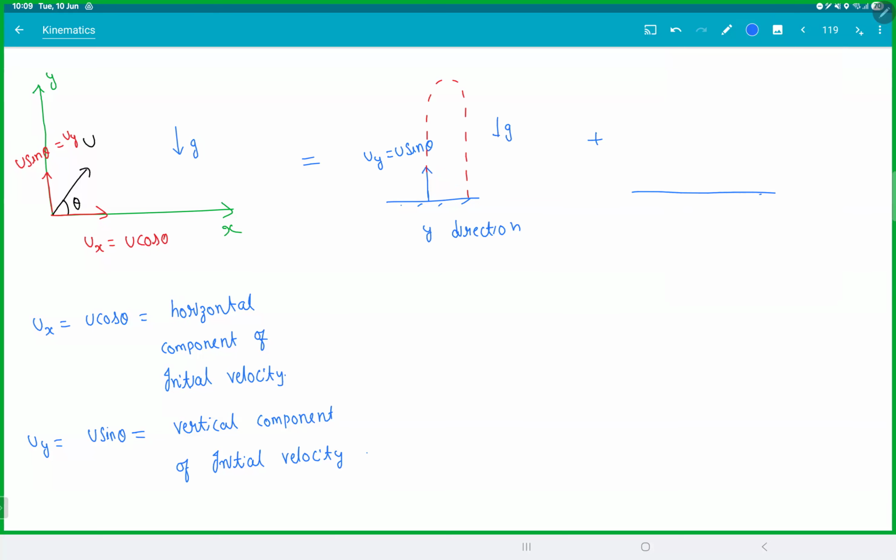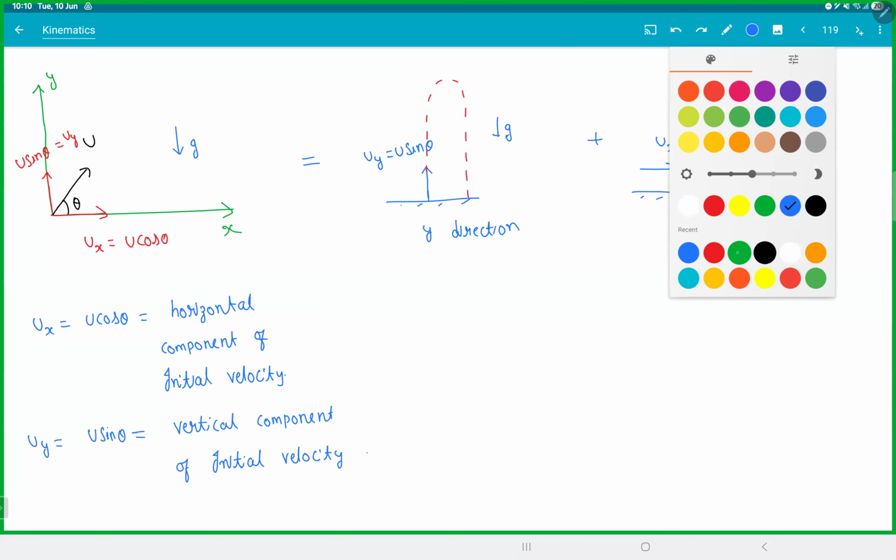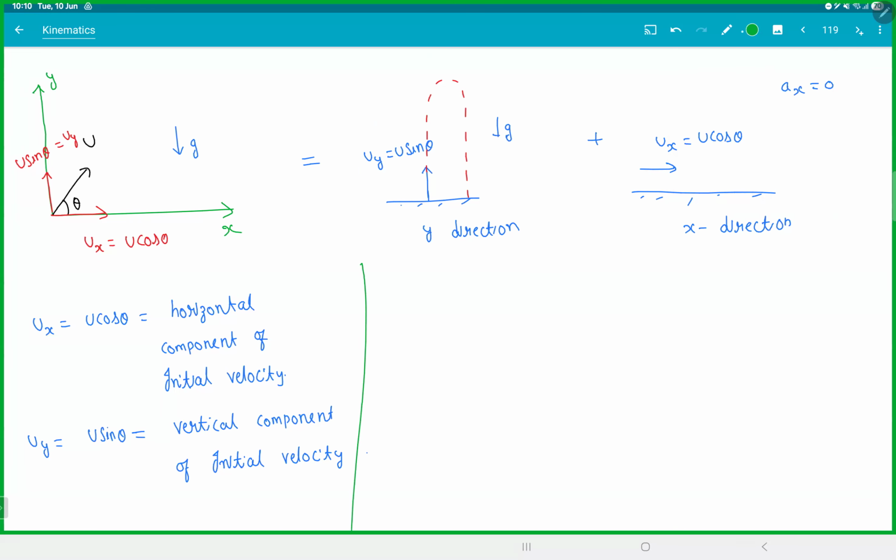Plus, in the horizontal direction, you're throwing the particle horizontally with Ux, which is U cos theta. And horizontally, there is no acceleration. Ax is 0. So this gives you the x coordinates and this gives you the y coordinates. And how will the equations look?